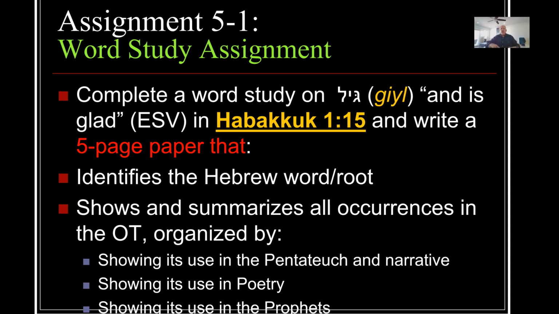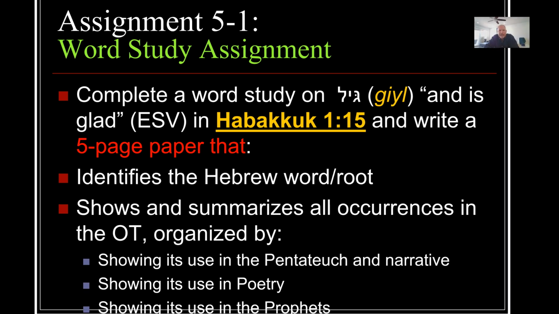This should not be the first time you've done a word study. I'm sure you've done them in a couple of my classes at the beginning of this program, but you're to look at the Hebrew word gil and how it is translated in Habakkuk chapter 1, verse 15.